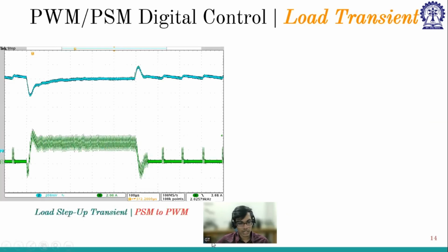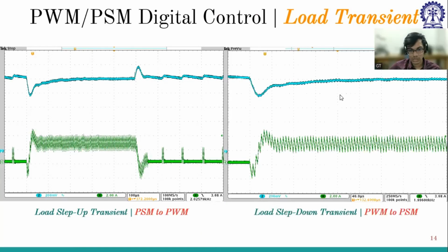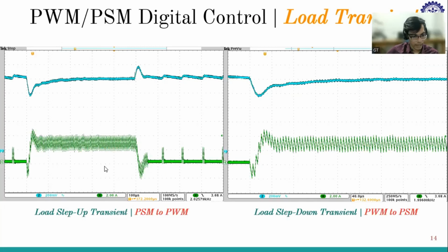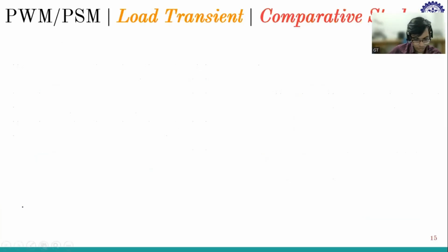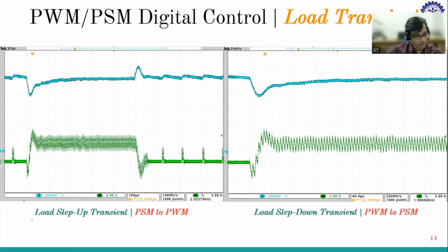So when we consider the load transient, let us consider two load transient case studies. In the first case, this is the light load operation. And this is also again light load operation.